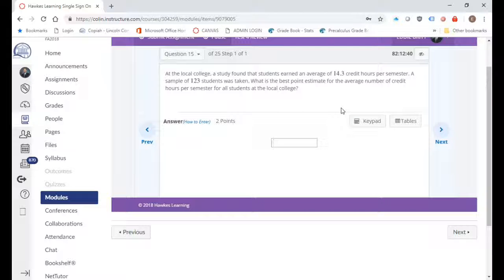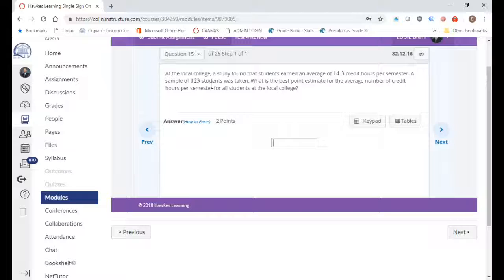All right, I don't see any percentages anymore. So we must have moved on to a new type of problem. All right, let's see what it says. At a local college, the study found that students earned an average of 14.3 credit hours per semester. A sample of 123 students was taken.